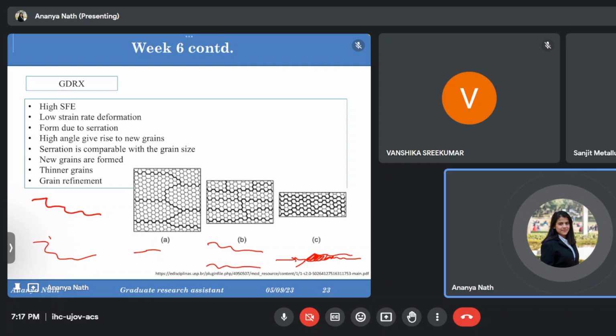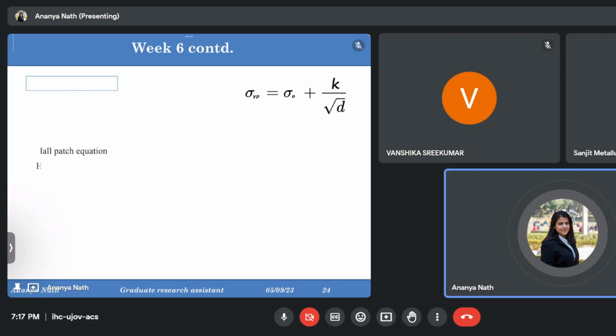All the things have already happened inside the material due to DDRX and CDRX. Now, the serrations which were given rise inside the material during DDRX are touching each other due to the geometric deformation, so much cross sectional reduction. So they are giving rise to new strain free grains. So this is GDRX. After that, grain refinement will be taught in the next week lecture.